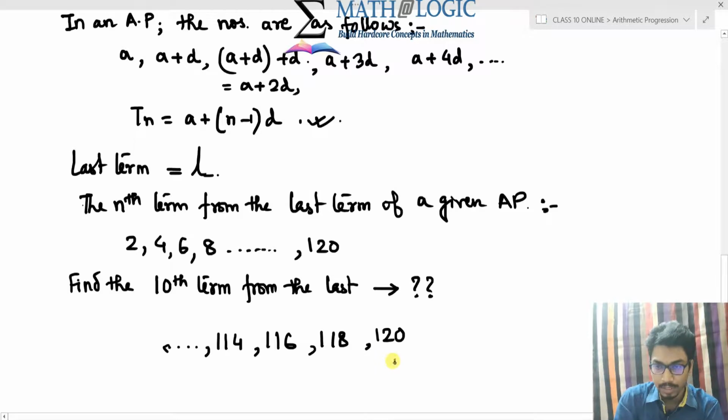See, if this is L, the last term, you can subtract the common difference to get this number. Yes or no?